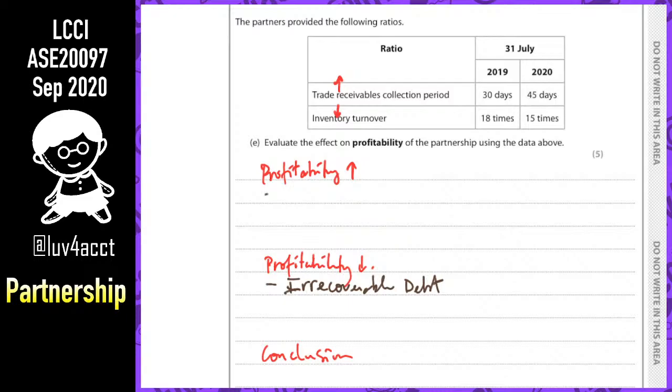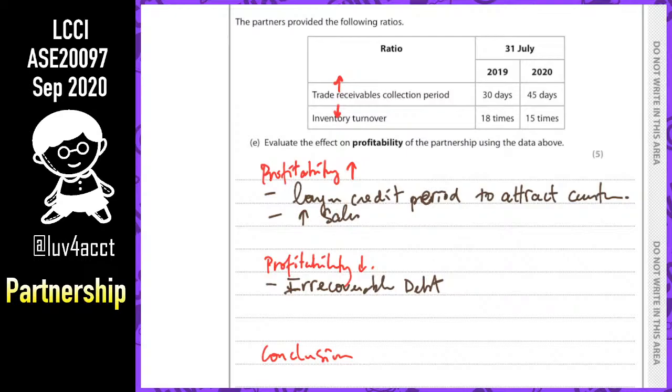But then if you think of it the other way, it can be a deliberate act. That is, you give a longer credit period to attract customers. And when you do that, you have more customers and you have higher sales. Higher sales also means higher profit. It can be both.